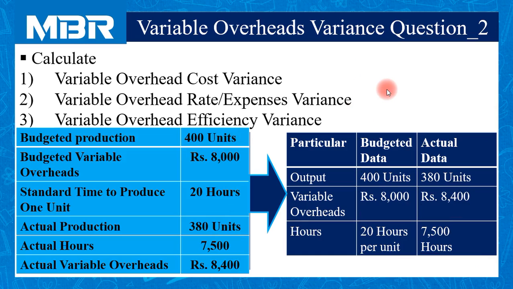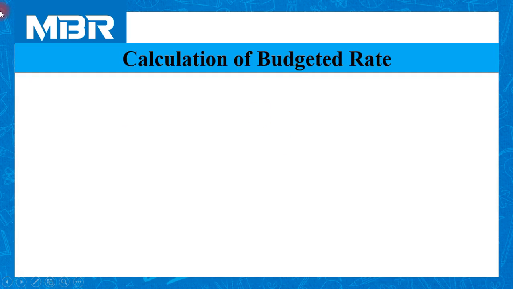Now move to the most important part of our solution. It is all about calculation of budgeted rate. As you all know, we can calculate our budgeted rate using two different expressions: budgeted rate per unit of output and budgeted rate per hour.